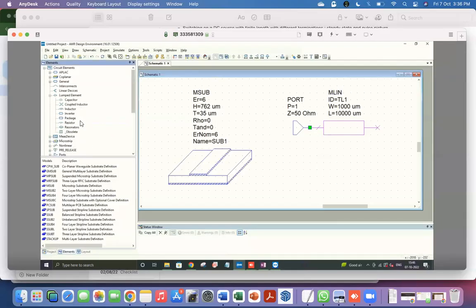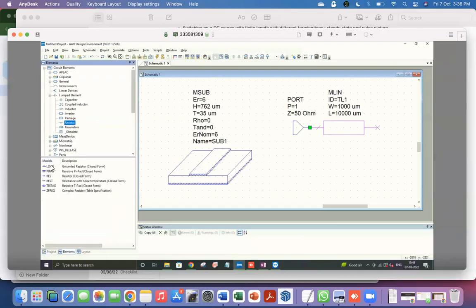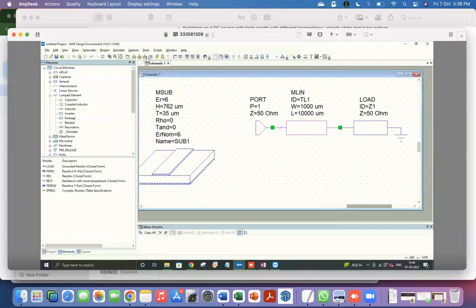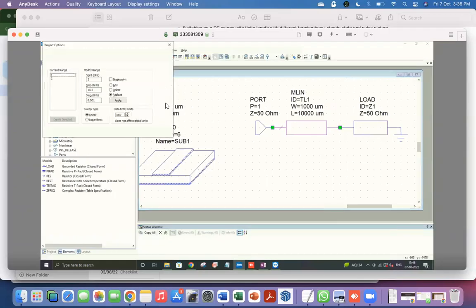So we'll go to lumped element, take a load. Define the frequencies, give some largish range from say 1 to 10 gigahertz. You don't need a big step size here, so maybe 0.1 is more than enough.